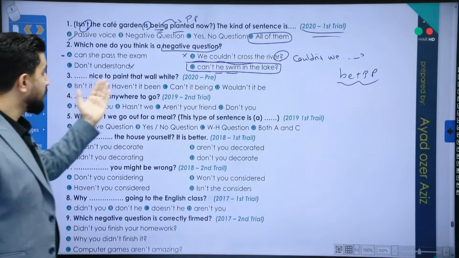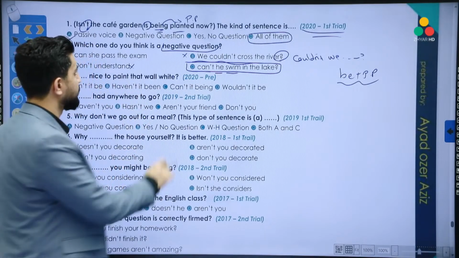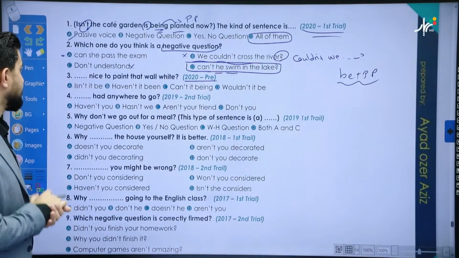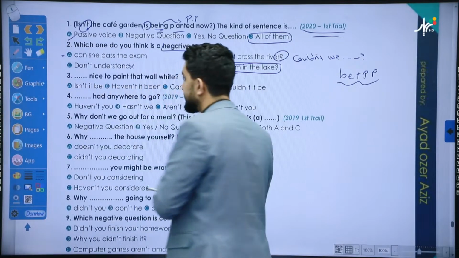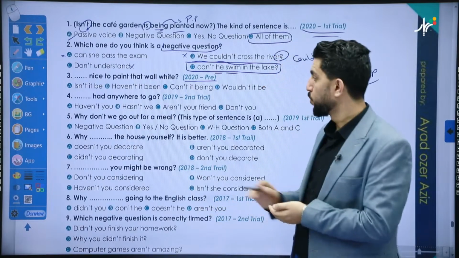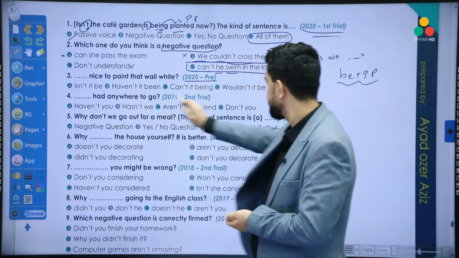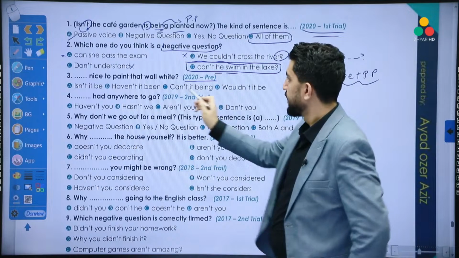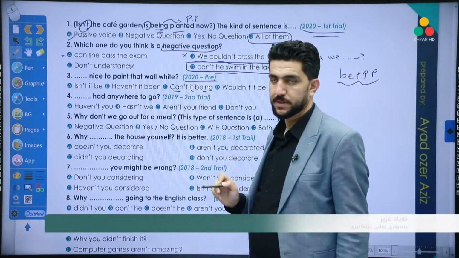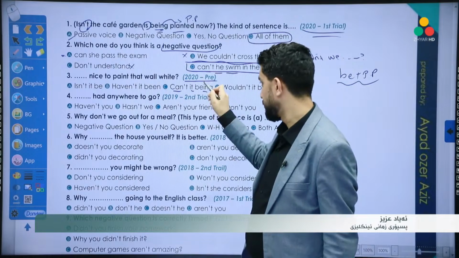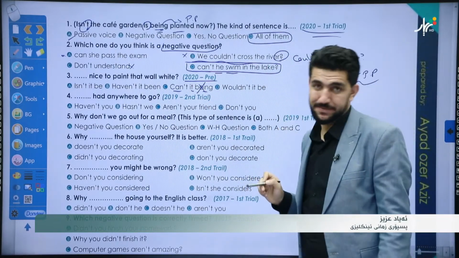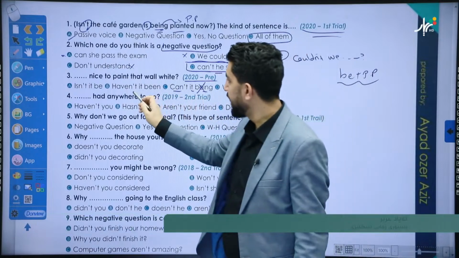Number 3. Nice to paint that wool white. This is from the 2020 preliminary exam, let's say. Which one do you think is correct? Okay, look at here. We have this one, can't it being. Modal verb, we use the infinitive form. This is wrong. Wouldn't it be? Haven't it been?